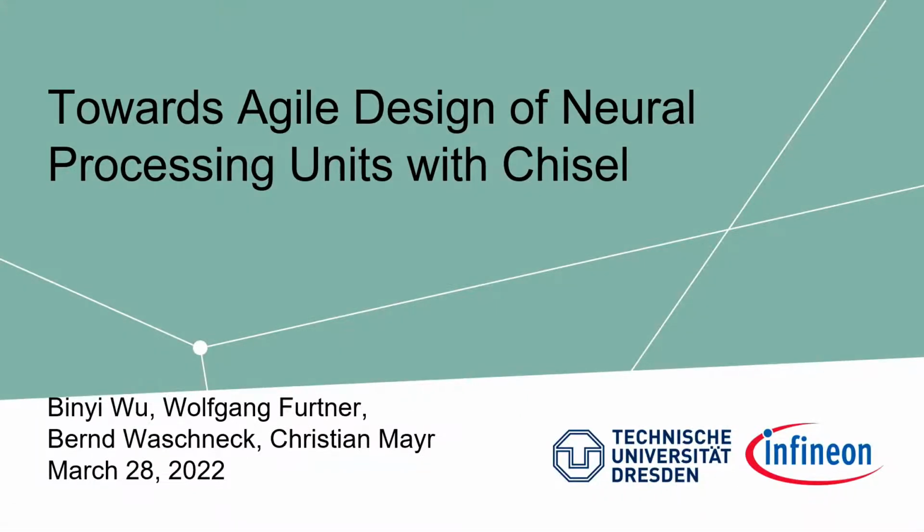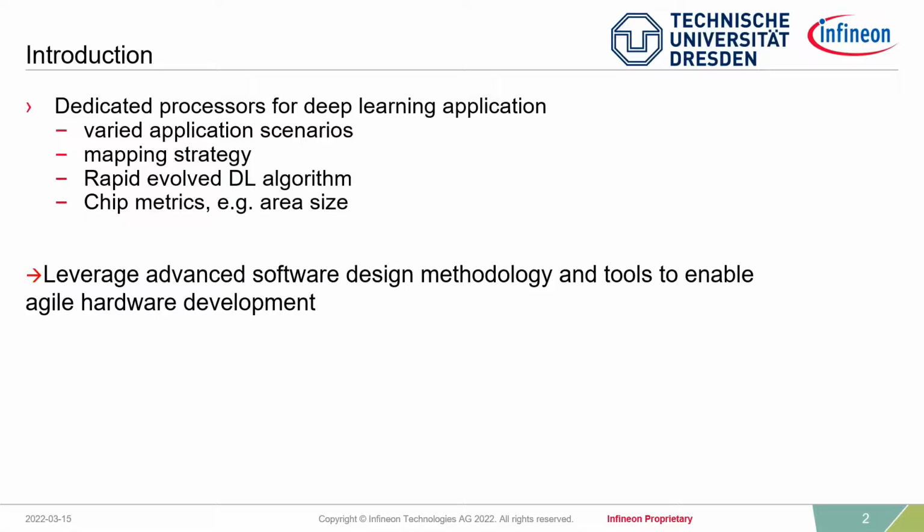Hello everyone, today I will present our work entitled Towards Agile Design of Neural Processing Units with Chisel. Nowadays, there are a lot of dedicated neural processing units for deep learning applications, and during development we need to consider various application scenarios, mapping strategies, rapidly evolving deep learning algorithms, as well as chip dimensions, for example the area size.